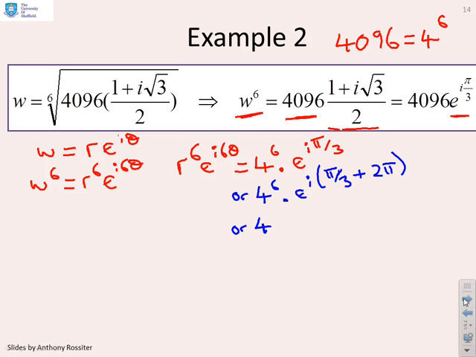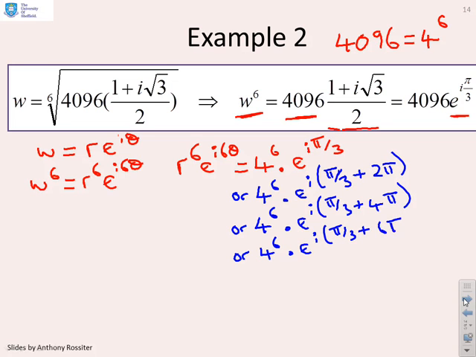Or, I could have had 4 to the 6 e to the i (pi by 3 plus 4 pi), because again, 4 pi brings me around twice, brings me back to the same place. And indeed, I can do another one, or 4 to the 6 e to the i (pi by 3 plus 6 pi), and so on. Now, I'm going to need 6 of these, because I know I'm looking for 6 roots, so I need 6 different solutions before I'm finished.